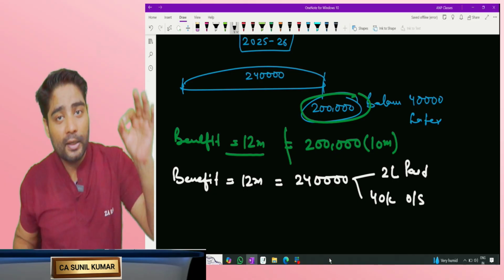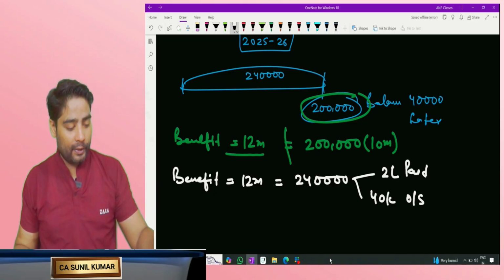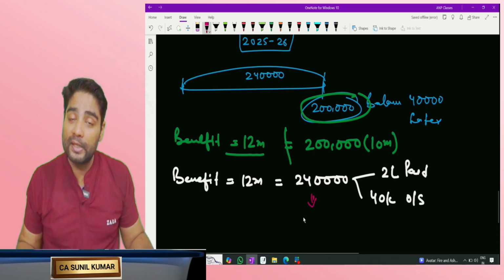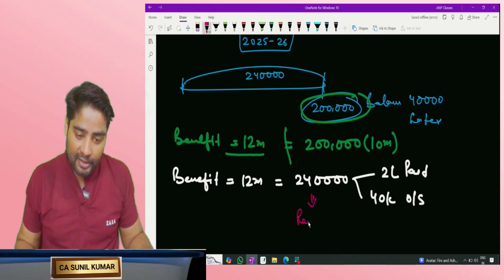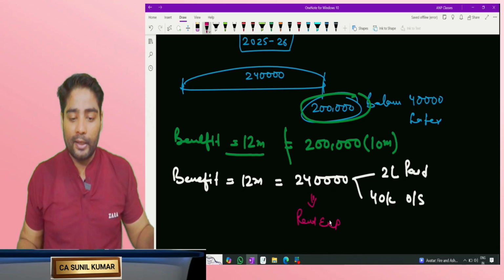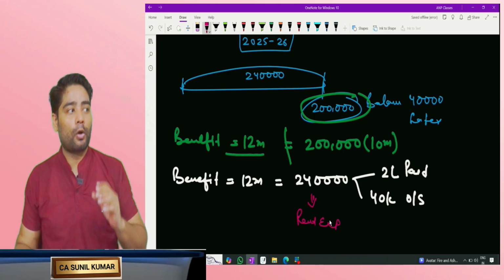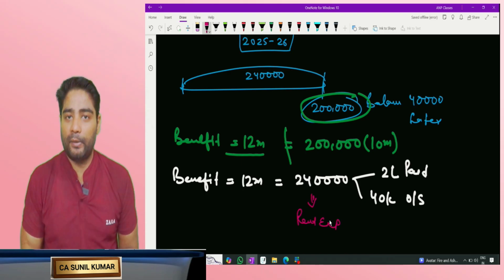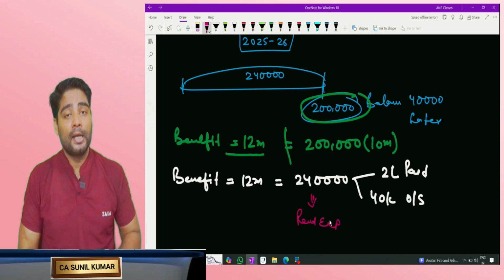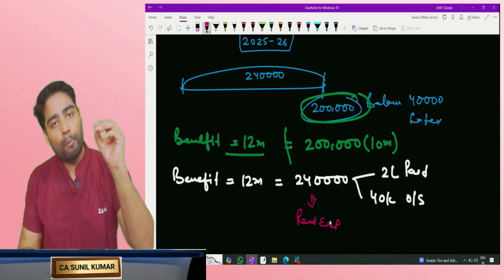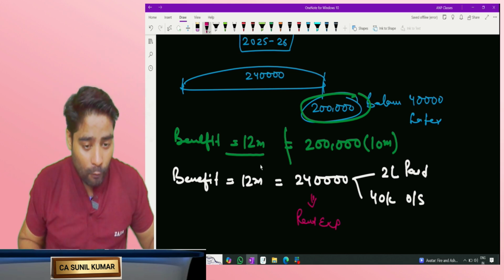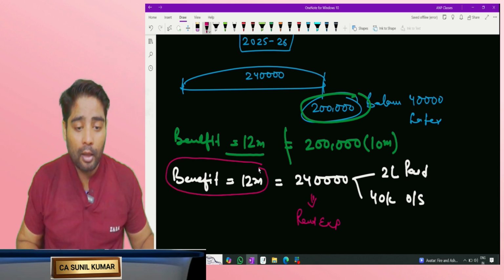But you will recognize the whole amount of rupees 2,40,000 as rent expense. Sir, but we didn't pay the 40,000. Yes, this is the matching concept. Whether you paid or not, you have to recognize the expenses for which you have taken the benefit.